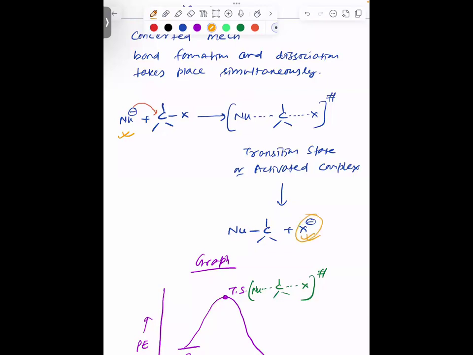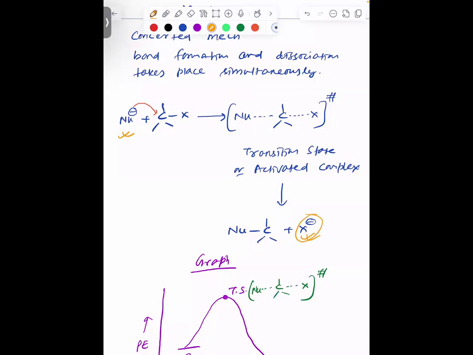The halide ion contains a negative charge. It can also act like a nucleophile. So the leaving group can also act as a nucleophile.